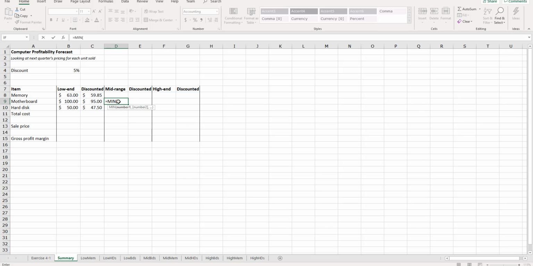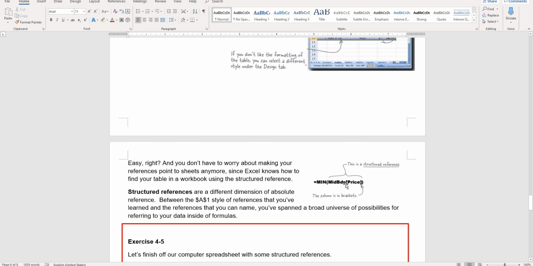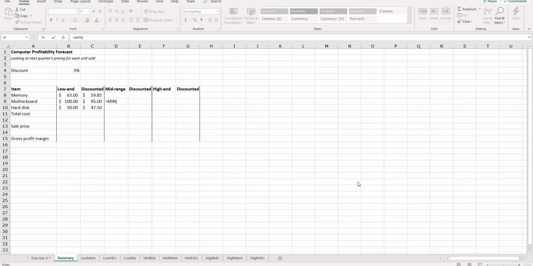The mid BDS, and then you can grab the price off of that. So what it's basically doing, right, because that was the name we gave to that table, so the mid BDS, and it gives you the suggestion there, and then we need it in a square bracket, and you can see ID, vendor, model, price.